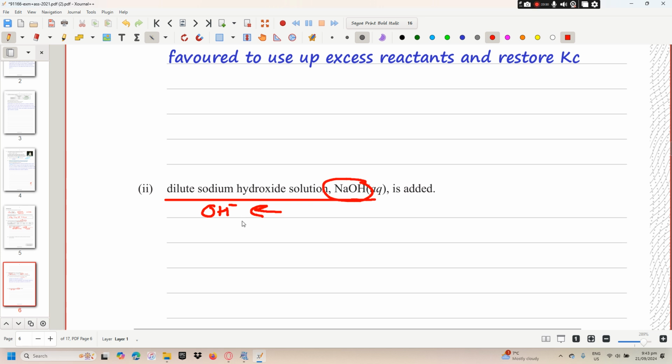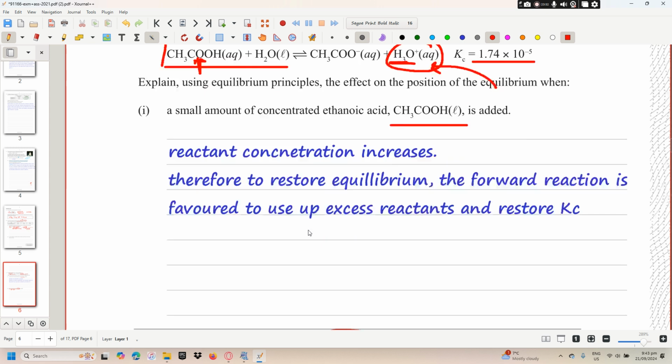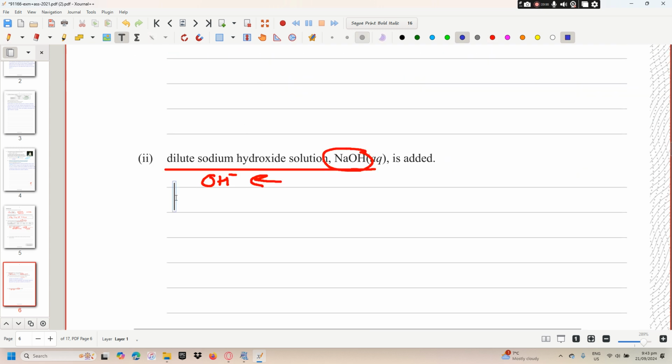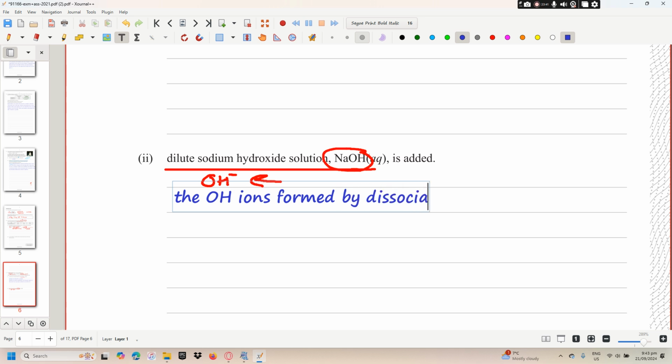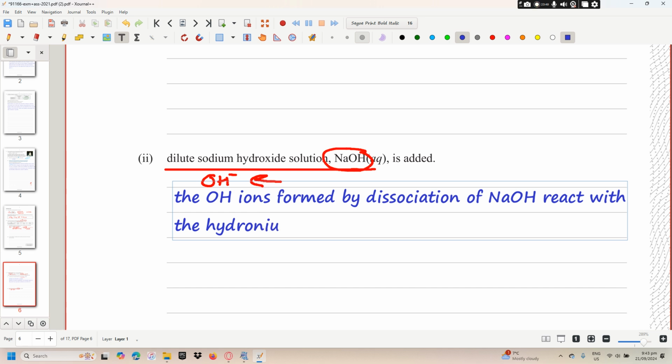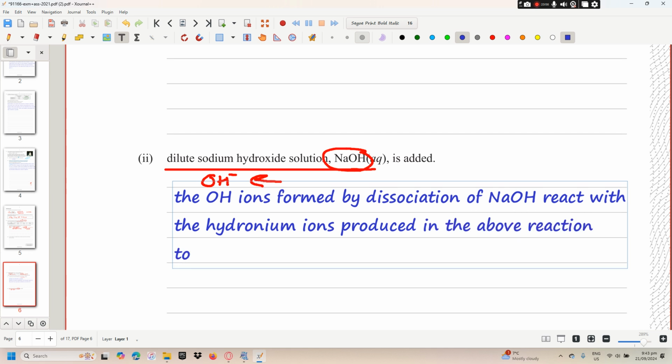Anyway, this excess OH minus reacts with this. So let's try to put that into words. The OH minus ions formed by dissociation of NaOH react with the hydronium ions produced in the above reaction to form water. Hopefully you guys know that OH minus plus hydronium is water.